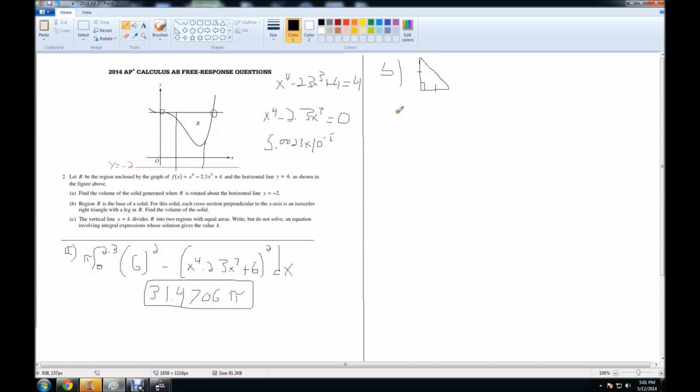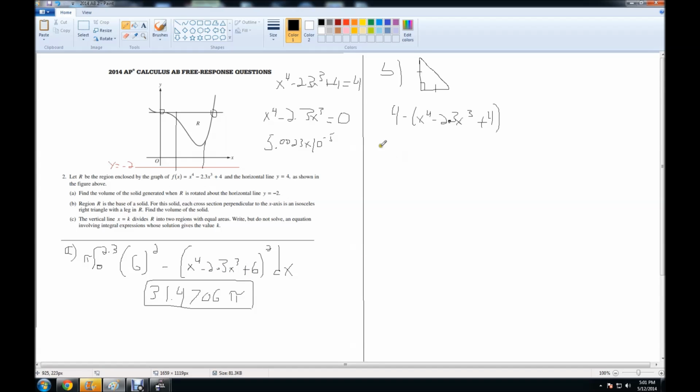4 minus x to the power 4 minus 2.3x cubed plus 4. So we would have the legs being, if we were to do this, 4 minus x to the power 4 minus 2.3 x cubed plus 4, and let me go back here and make that a minus.